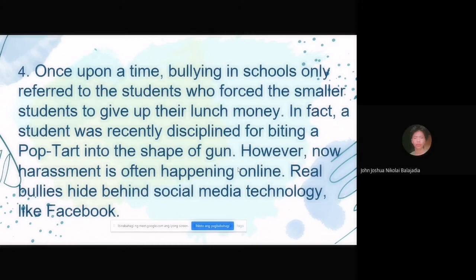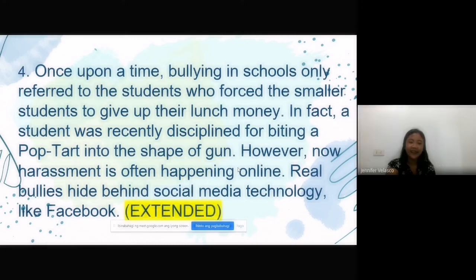Very good. It is an extended definition because here the writer used mostly the history, and it also used examples of how bullying was done before. Extended definition because it is long and in paragraph format.